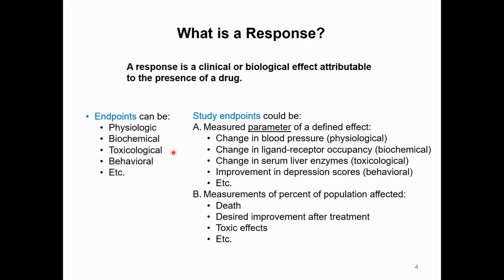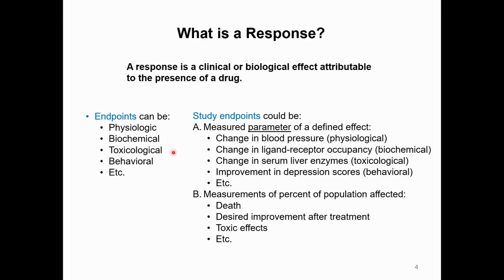If it's a psychotropic drug, the endpoint might be behavioral. How much does it reduce patients' depression on a questionnaire-based assessment. And oftentimes behavioral aspects can be turned into numerical values. And so we really want these endpoints to be measurable, something we can actually put a number on.